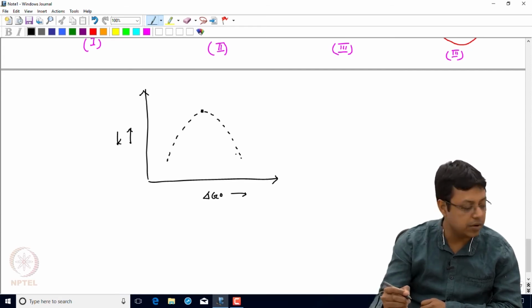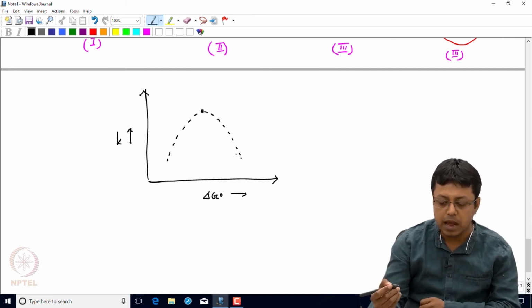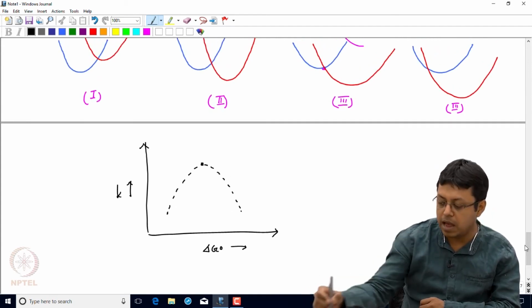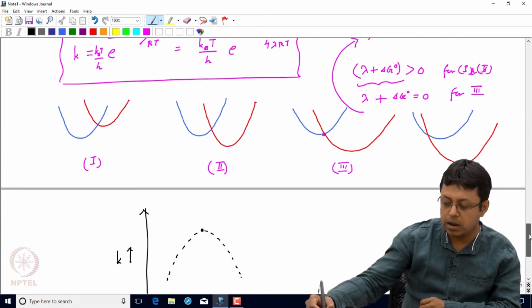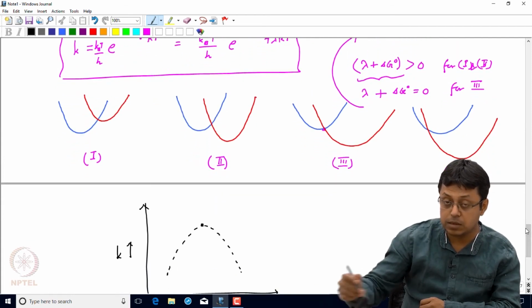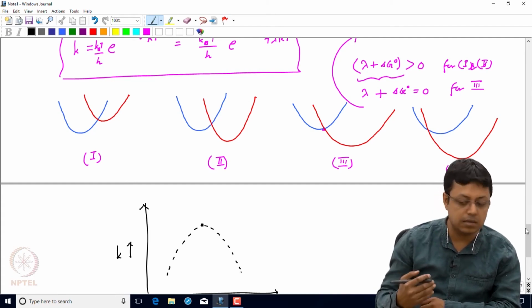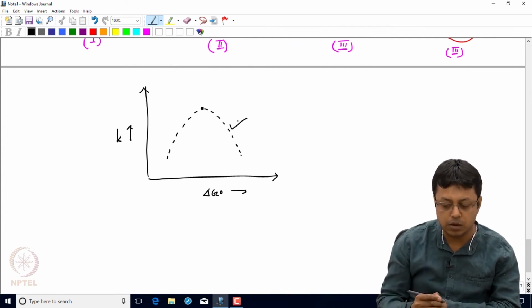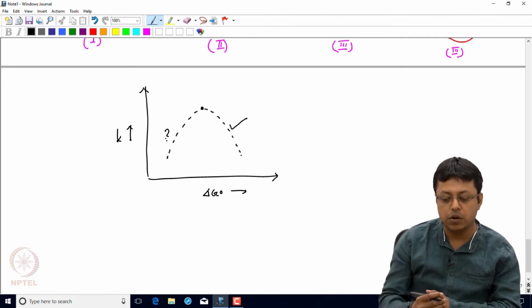Now this region is known as the Marcus inverted region. For a long time people found that situations like 1 and 2, where lambda plus delta G0 is positive, meaning that delta G0 is slightly negative, were well known to people, but this region was a question, and we had to wait for nearly 30 years to find that there actually is an inverted region.